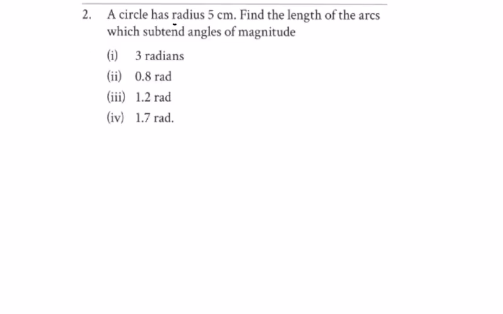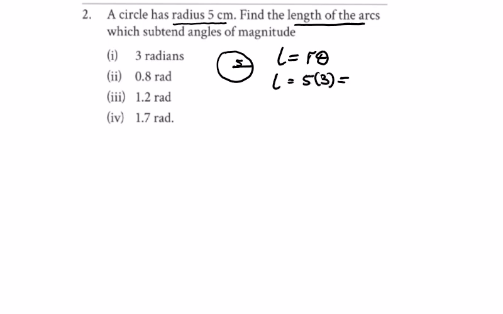So question 2, we have a circle of radius 5. Just do a quick sketch. We have my 5. We're looking for the length of arcs this time. Write down your formula. Starts off the easy one. L is equal to r theta. So we want the length of the arc. So we have 5 times 3. So the length of the arc is 15.